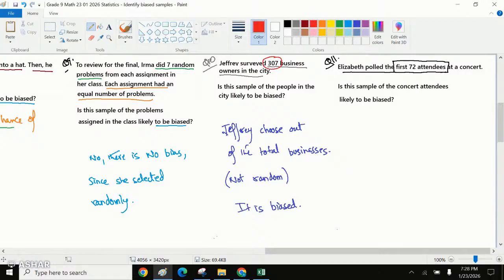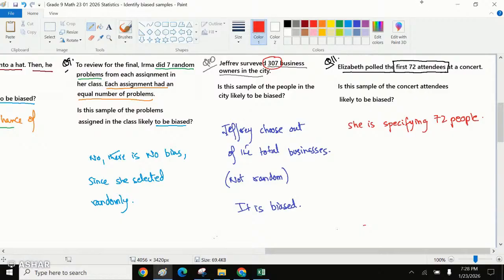It is likely to be biased. Why? Because she is specifying 72 people, right? The people after 72 might have a different opinion. It's not a random selection.